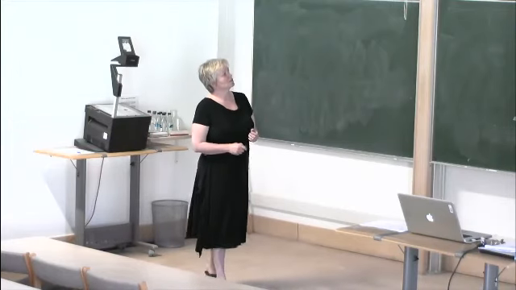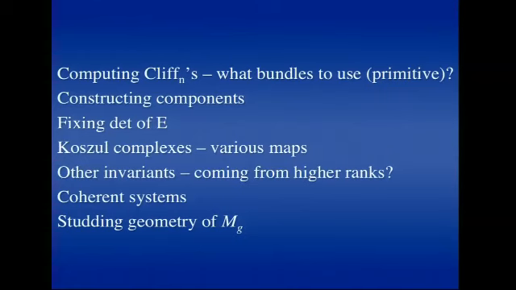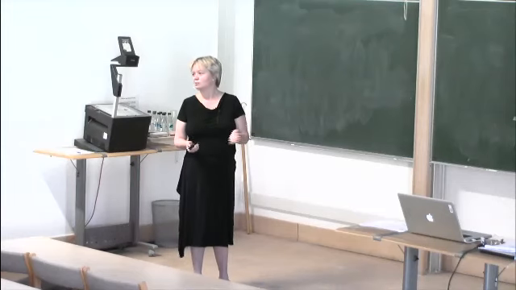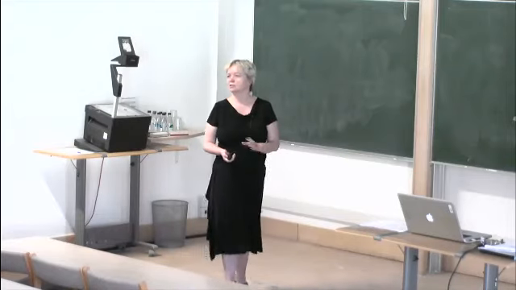Maybe there are other interesting invariants that can describe the situation better. There is a whole new area of coherent systems that builds on Brill-Noether. All of these ideas are connected to studying the geometry of the moduli of curves itself. I haven't seen much work done along this direction using Brill-Noether theory.